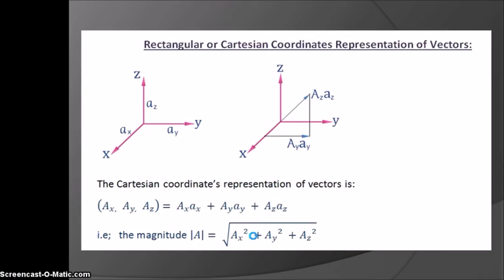The rectangular or Cartesian coordinates representation of vectors. In free space, we have the three-axis coordinate system: x, y, z.